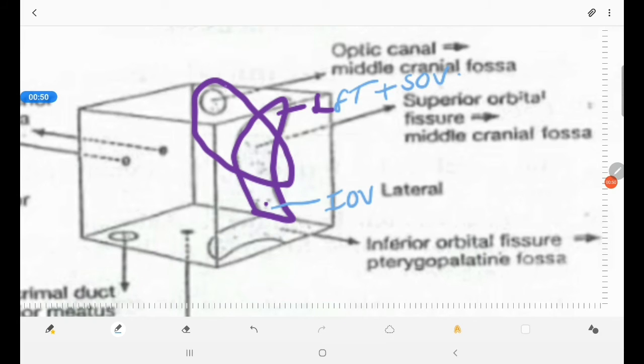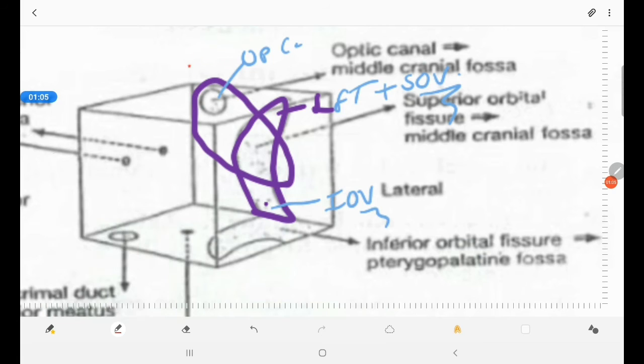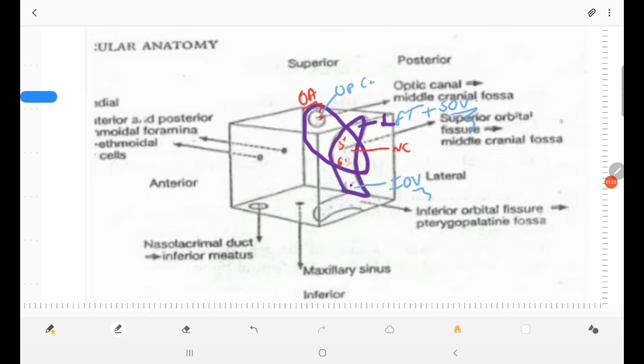The ophthalmic artery is in the optic canal. So this is the vein, and this is where the ophthalmic artery is, that is in the optic canal. Then this is where the 3rd cranial nerve and the 6th cranial nerve are. What we usually forget is the nasociliary nerve. And don't forget that the 3rd nerve has a superior division and an inferior division in the superior orbital fissure.